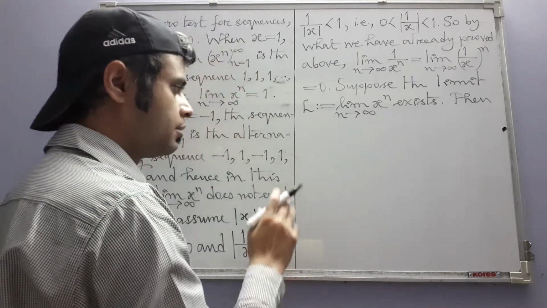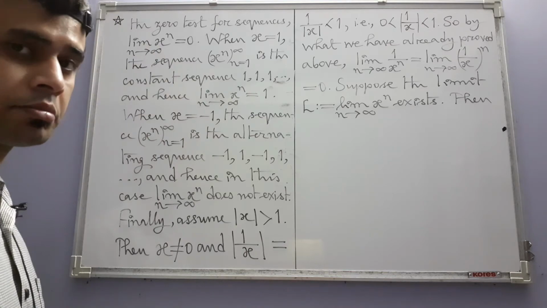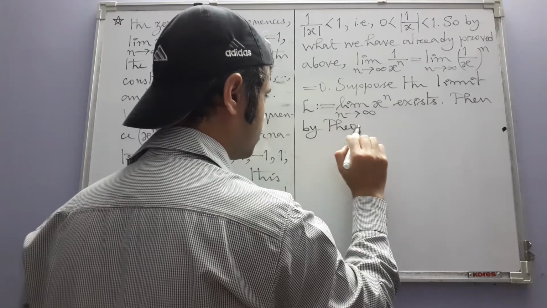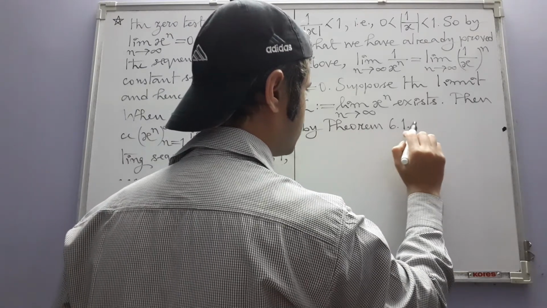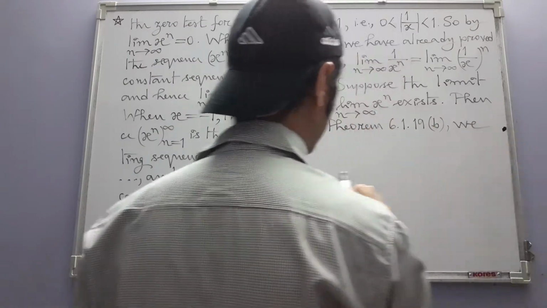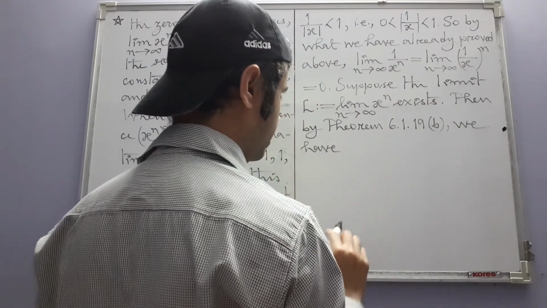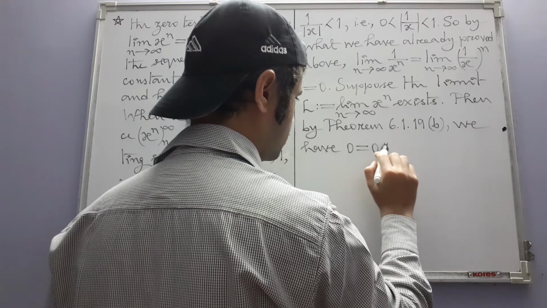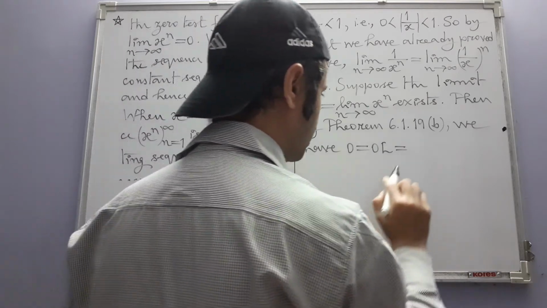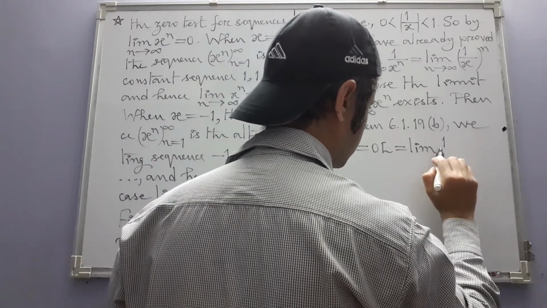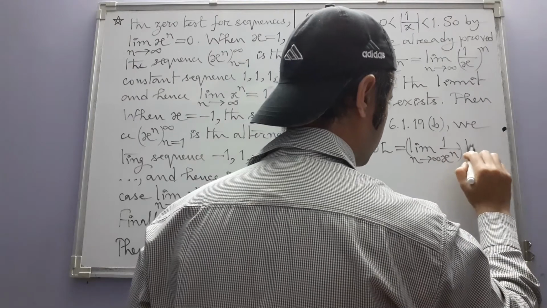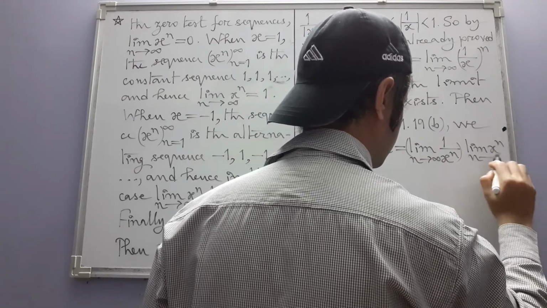We are going to again use theorem 6.119, the limit laws part B. By part B we have 0 equal to 0 times L. Here again we are going to get that same contradiction, that 0 equals 1, times the limit of x to the power n.